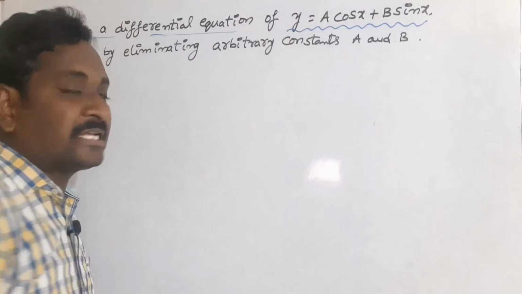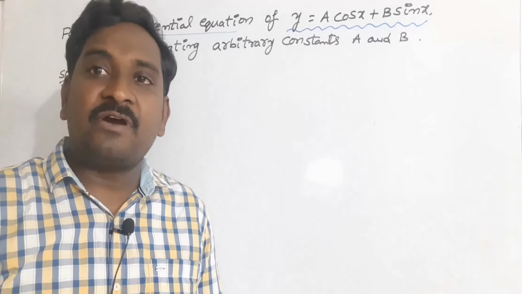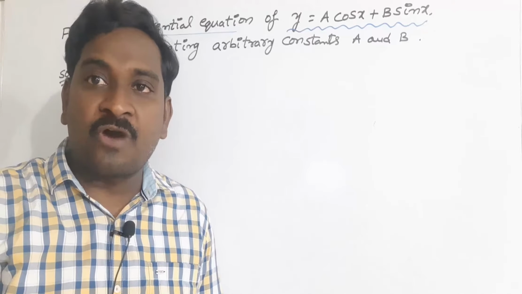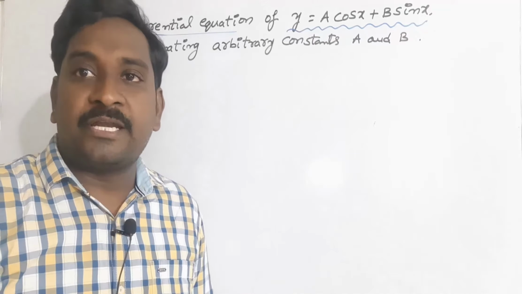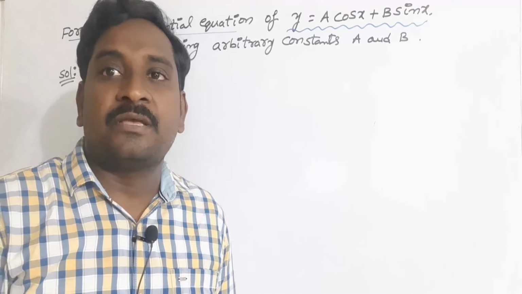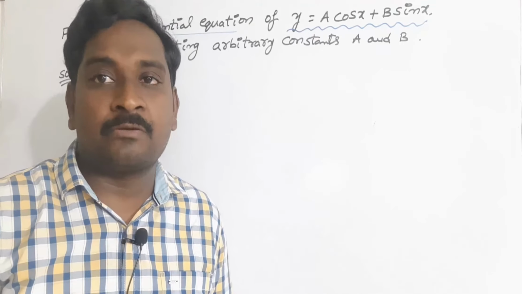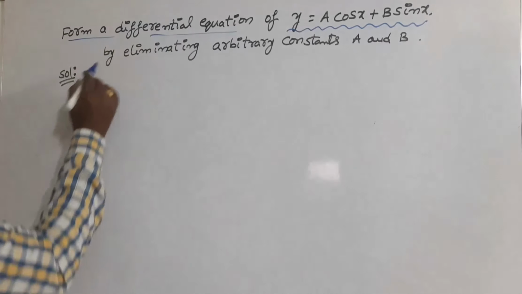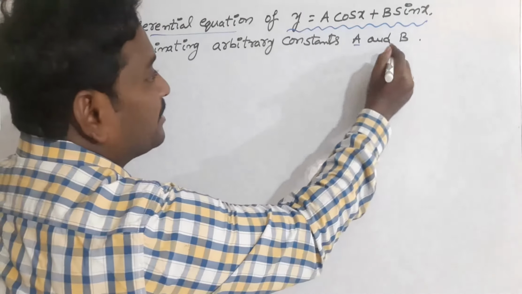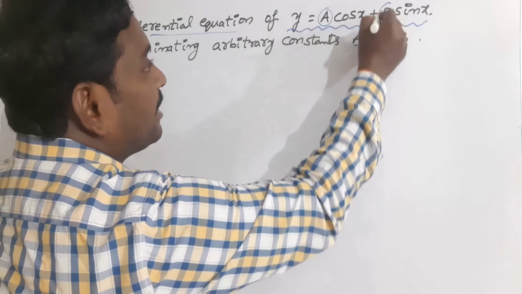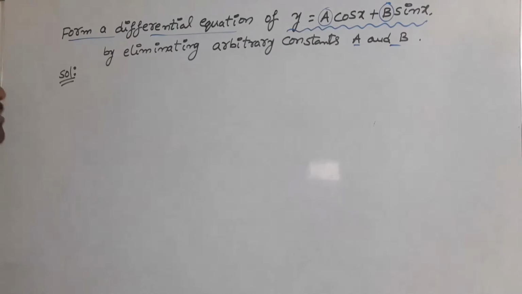Clearly this equation contains two variables x and y. Whenever two variables x and y are involved, it is very important to remember always x should be treated as the independent variable and y is the dependent variable. Don't forget it. By eliminating the arbitrary constants a and b. In this equation a and b are parameters, otherwise arbitrary constants.